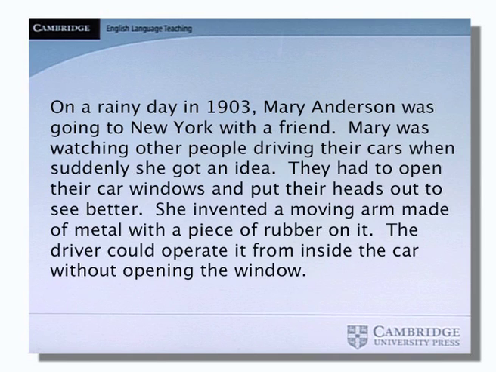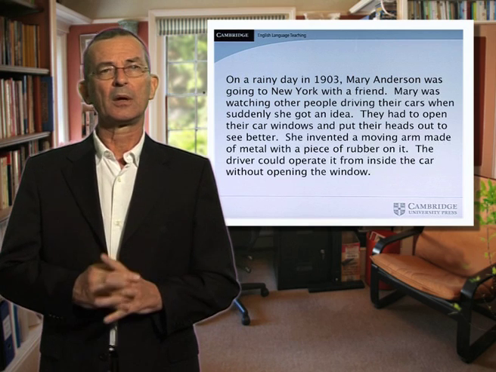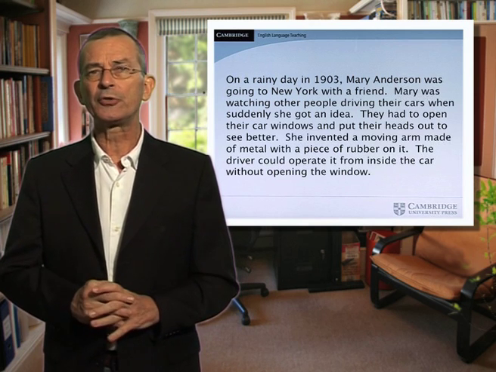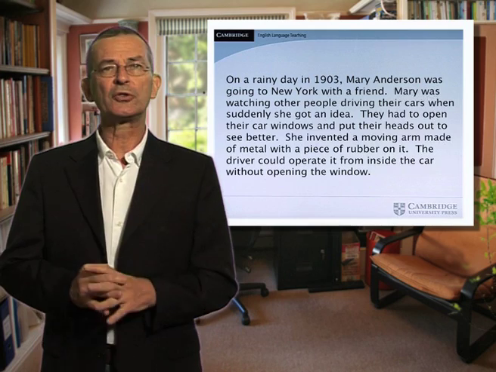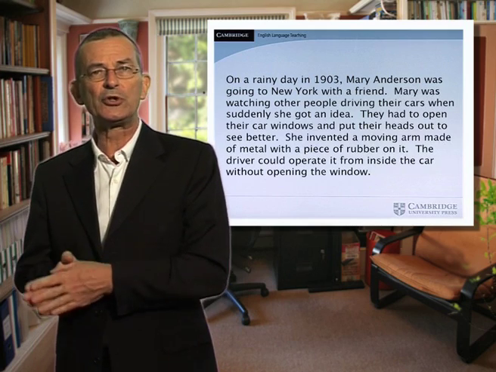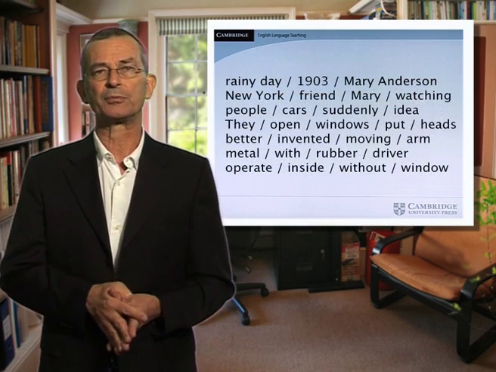They need to try to commit as much of it to memory as possible. Give them a time limit to do this, say 1 minute, perhaps 2, but certainly not more than that for a text this long. Then, the learners close their books and the teacher shows them this reduced, truncated version.